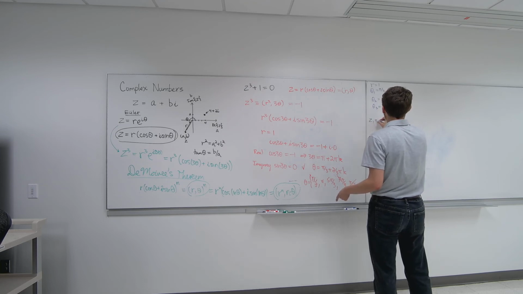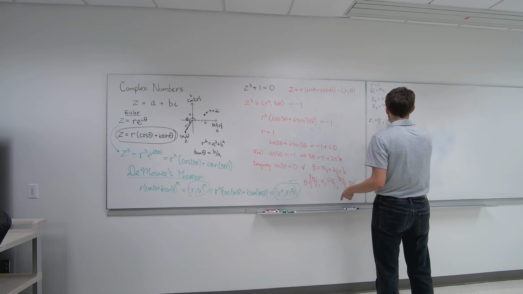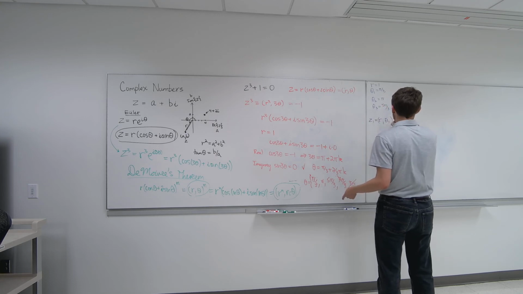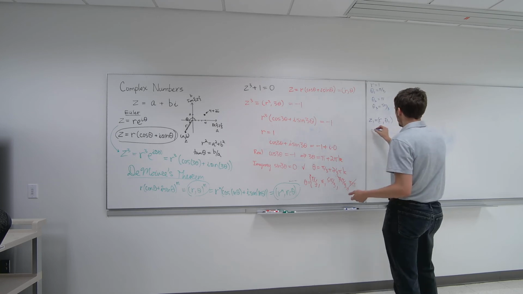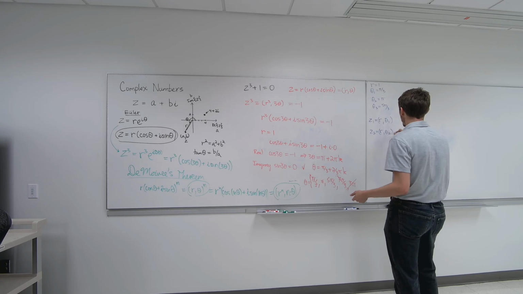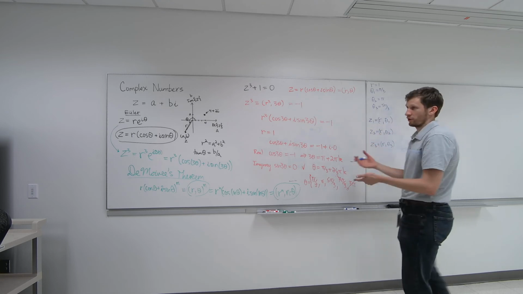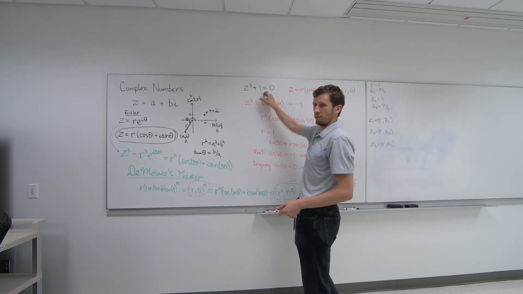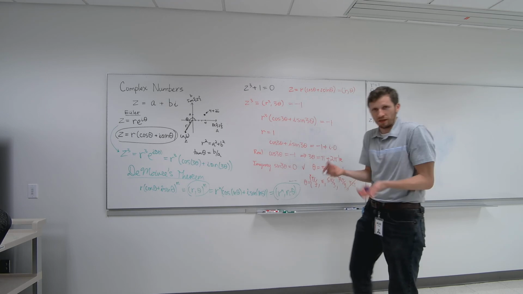So let's look at my z. My z1 will be r, theta 1. Because r is the same everywhere, it's a 1. Z2 is going to be r, theta 2, and Z3 is going to be r, theta 3. I'm telling you, these are the 3 solutions for this equation. But that doesn't help us that much. What are they actually?